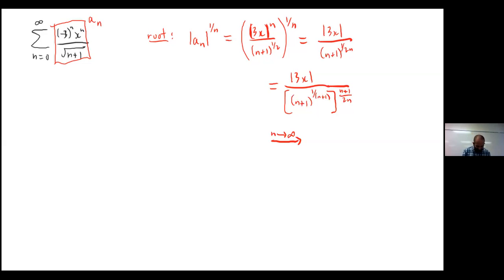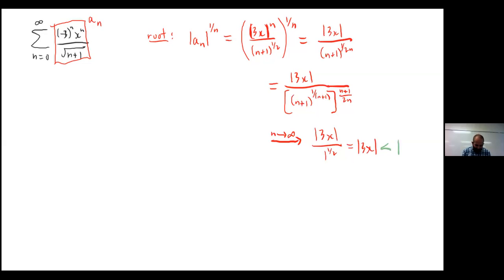Okay. So what do we get? The absolute value of 3x over 1 to the 1/2, which is sort of silly. That's just the absolute value of 3x. And what do we want to be true about this limit? This limit needs to be less than 1.